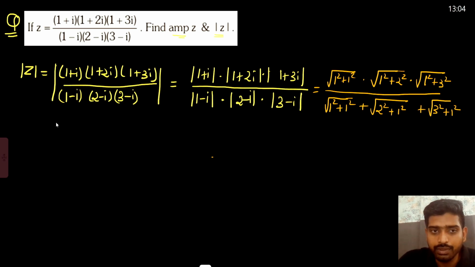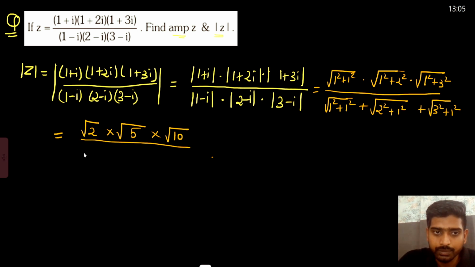Got it? So here we will get under root 2 multiplied by under root 4 plus 1 is 5, under root 5, multiplied by under root 10. 3 square plus 1 square is 9 plus 1, 10.